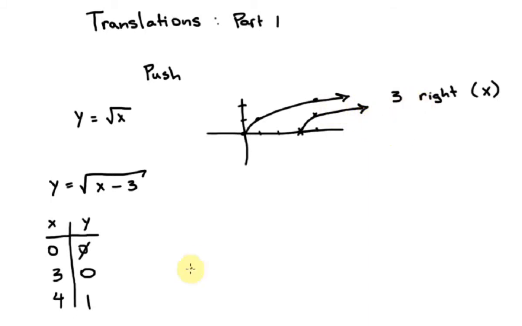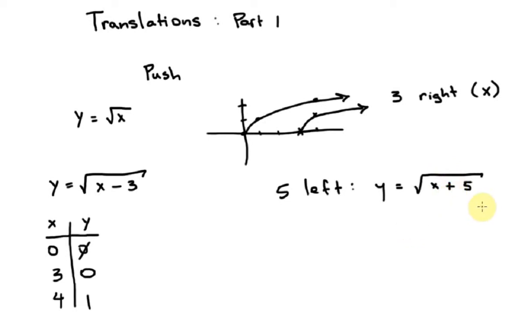So to make a long story short, say I wanted to move 5 to the left. All I've got to do is locate the x, because that has to do with left and right. So I locate the x, and I tack a 5 on. Only this time I want to move it 5 to the left, so it's actually going to be plus 5.